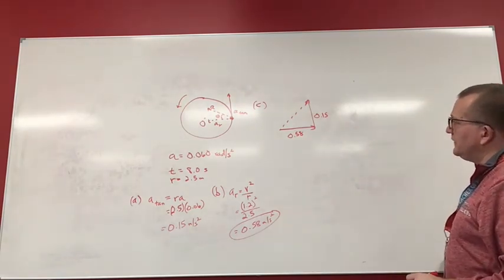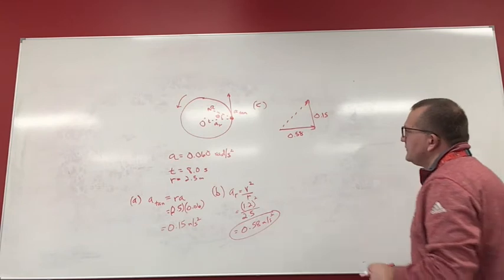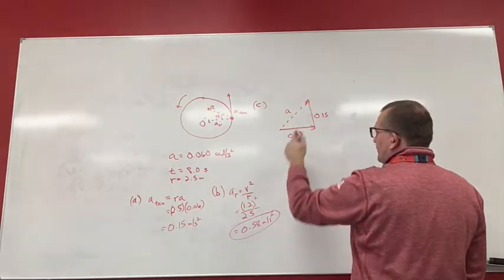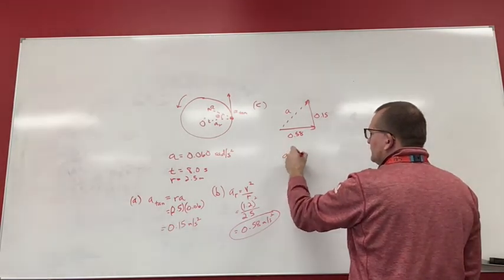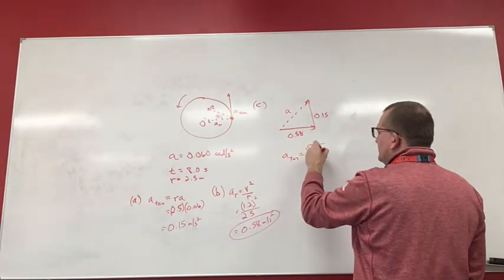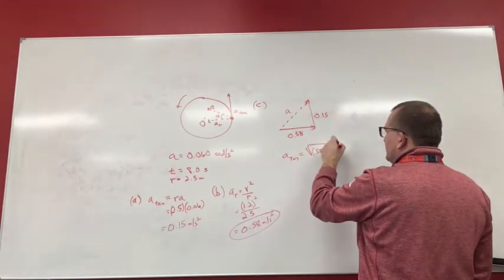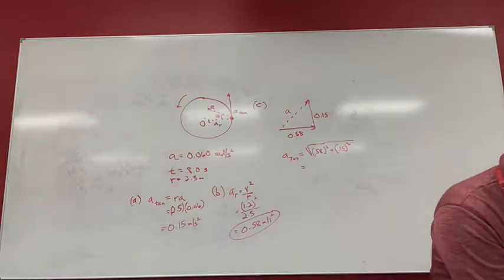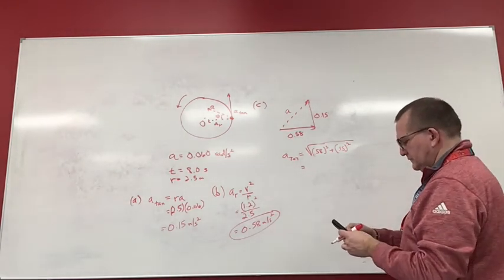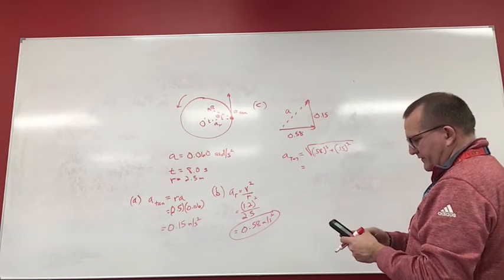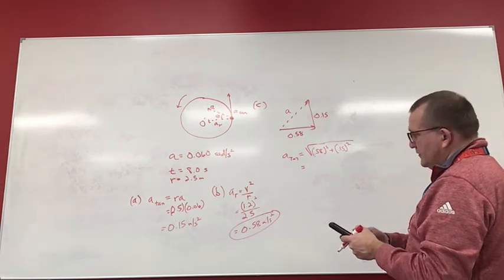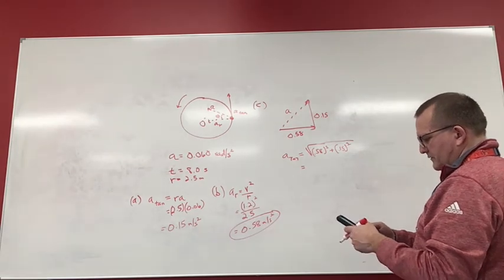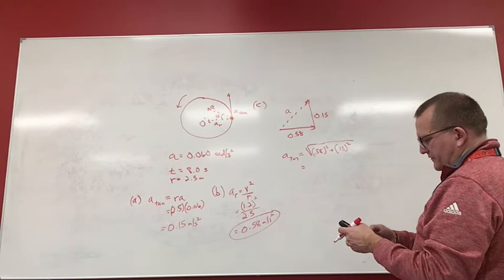All I want to do is find the actual total, so Pythagorean theorem: a total is equal to the square root of 0.58 squared plus 0.15 squared.